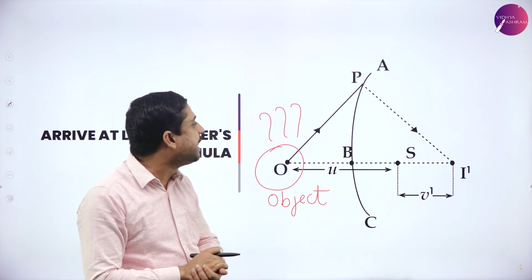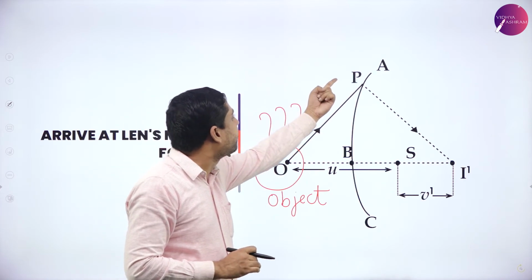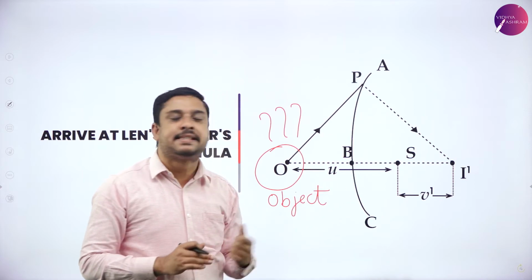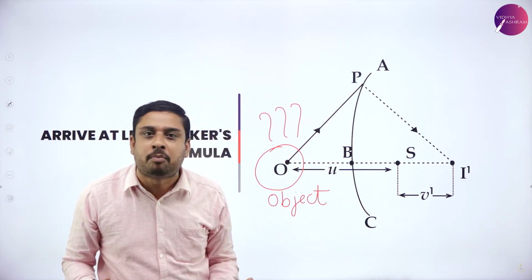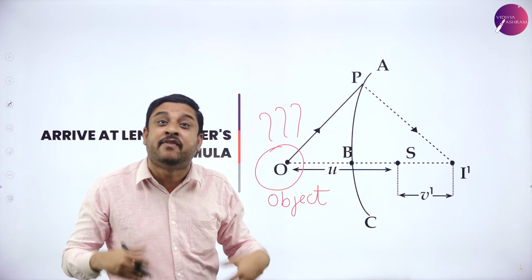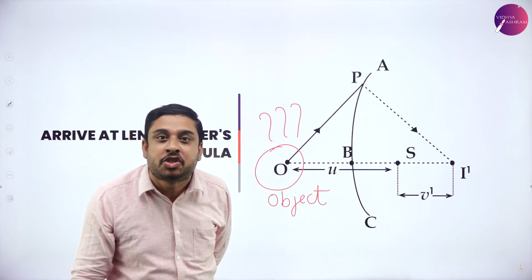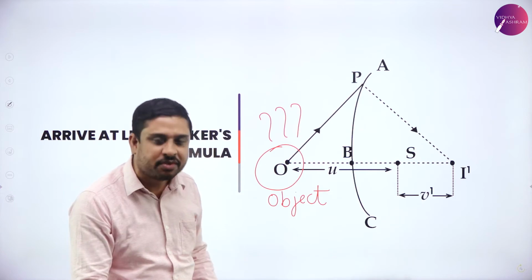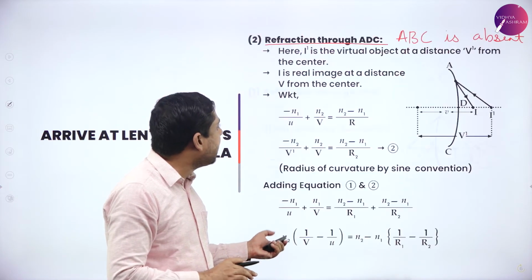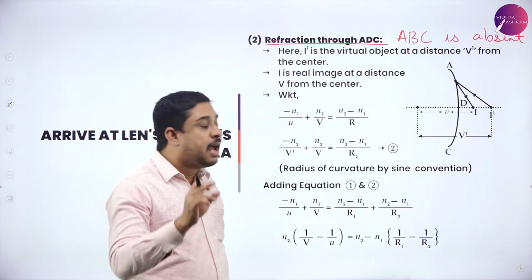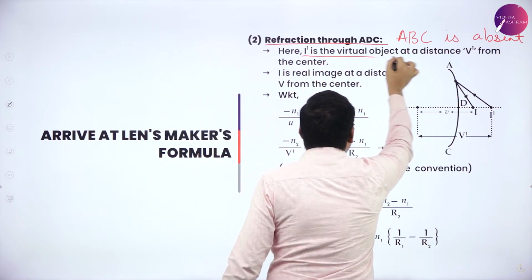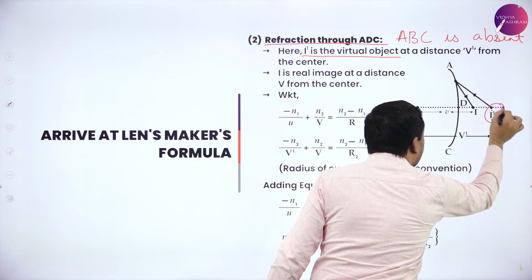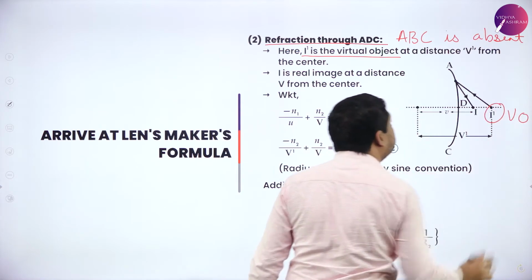But principally here, the surface ABC is absent. I don't have an object. Then from where will I have formation of the image? To understand that, I am considering I dash as virtual object.